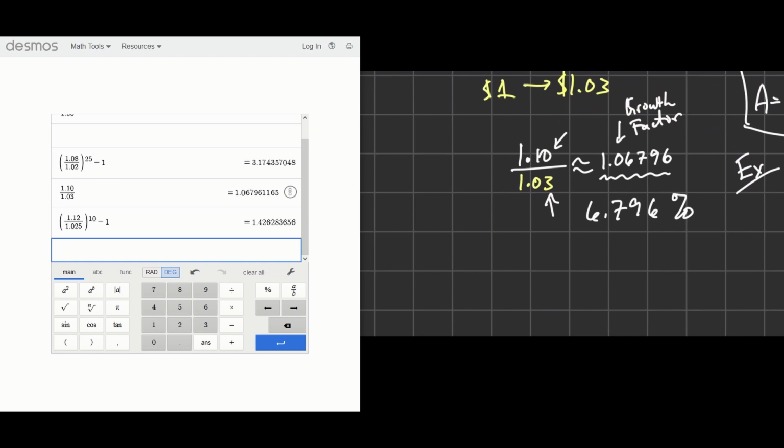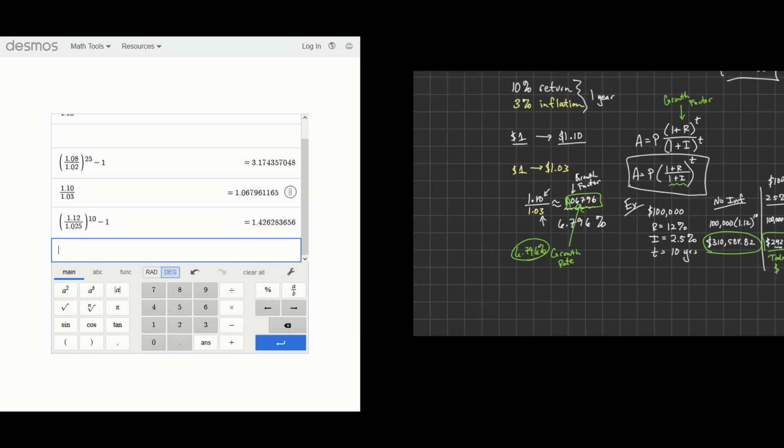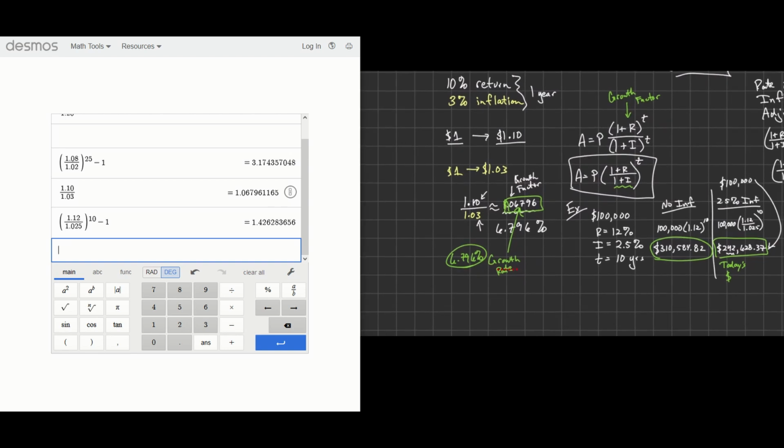But the growth rate is just this part here. That's the rate. So if you want to get just the rate of growth, you have to subtract that 1 off and make this 1 go away, and that'll give you the growth rate. And that's where this 6.796% came from.